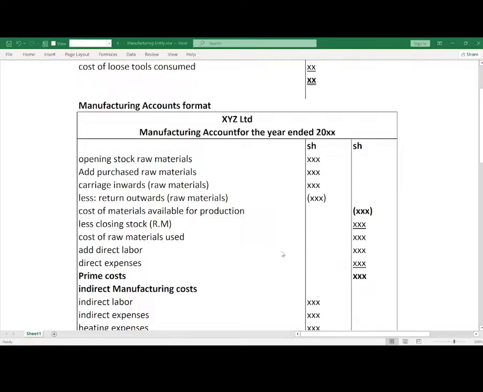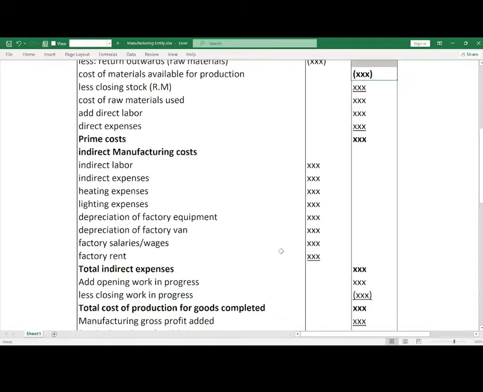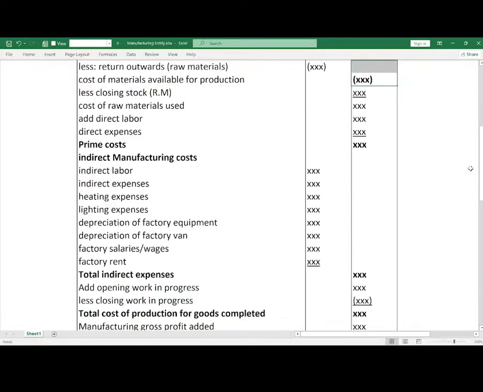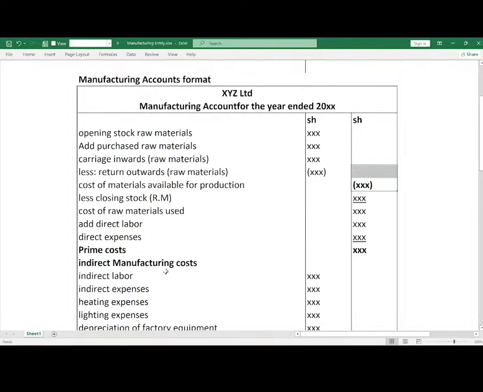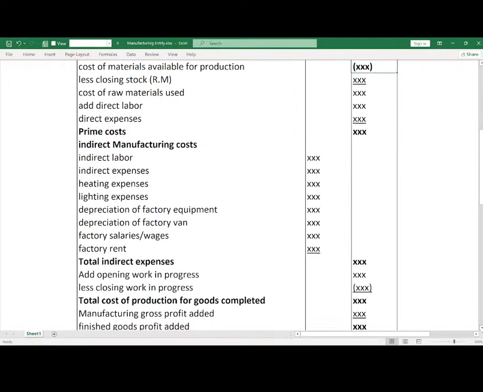Then we have the indirect manufacturing costs, so we are going to add them.